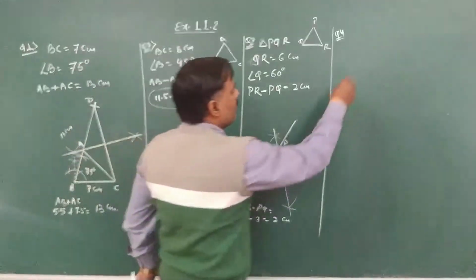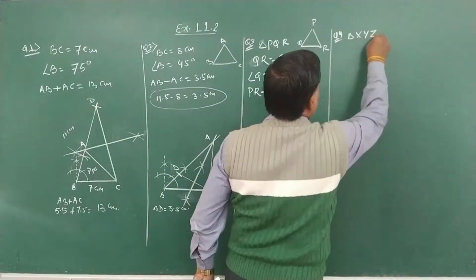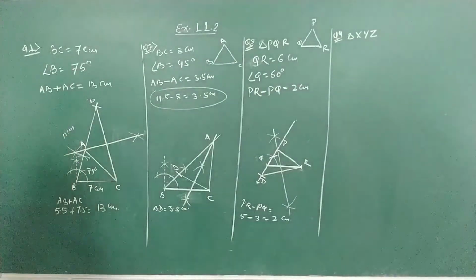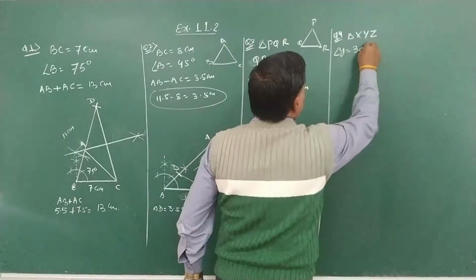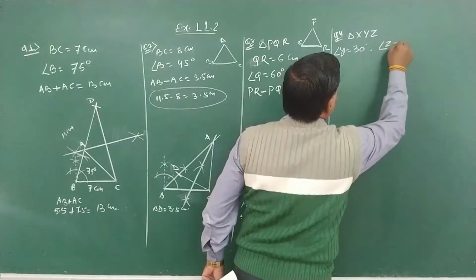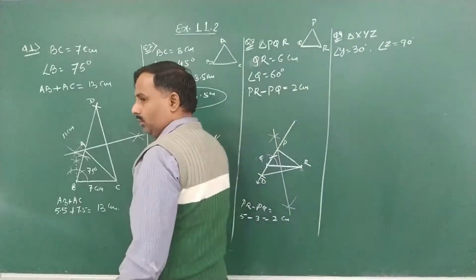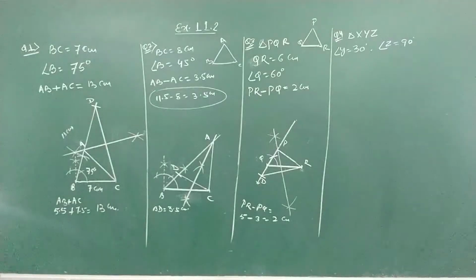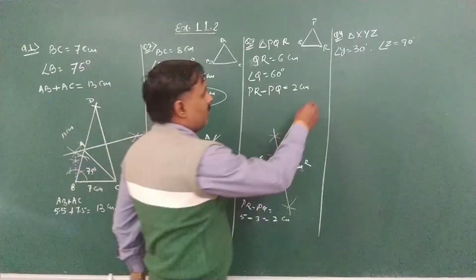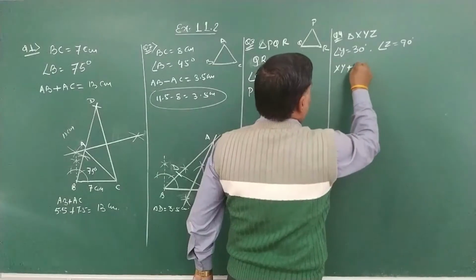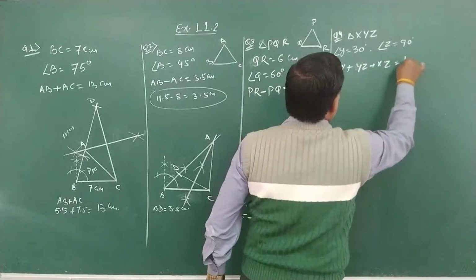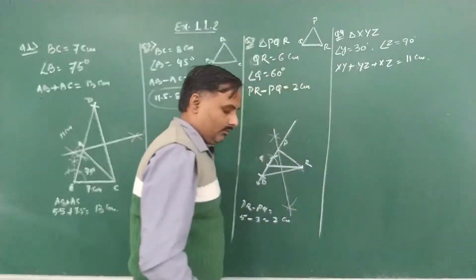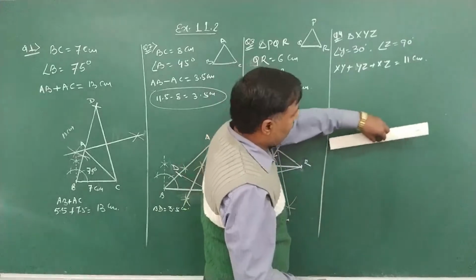XYZ is a triangle, X, Y and Z. Angle Y is equal to 30 degree, angle Z is equal to 90 degree, and the perimeter, or you can say the sum of all three sides, XY, YZ and XZ, is equal to 11 centimeter.